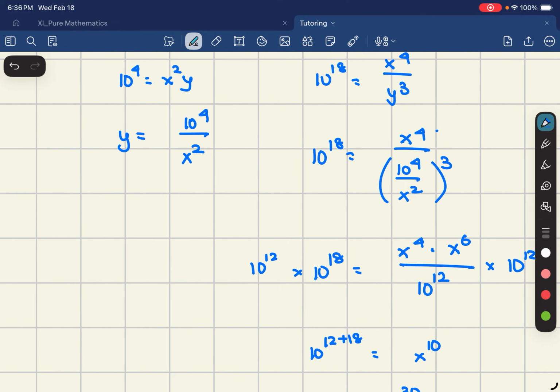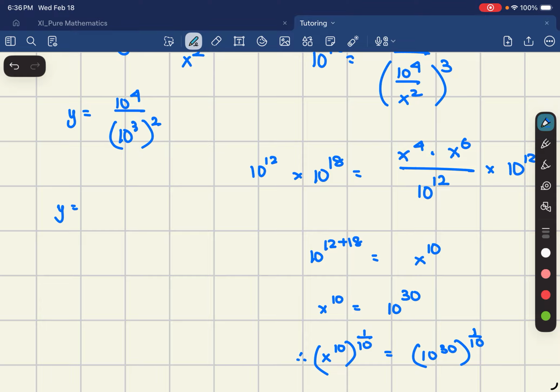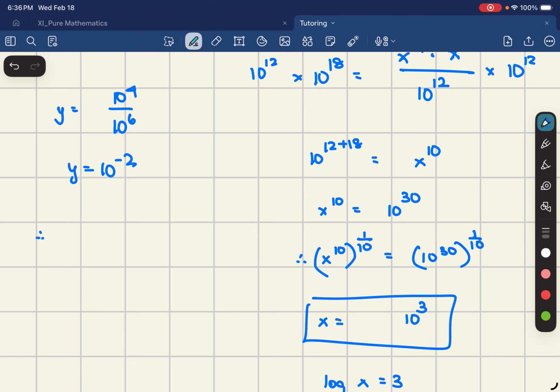And now we can substitute this value. y is 10 to the power 4 over 10 to the power 3 squared. So y is 10 to the power 4 over 10 to the power 6. y is 10 to the power negative 2. Therefore, log base 10 of y is log base 10 of 10 to the power negative 2, which is just negative 2.